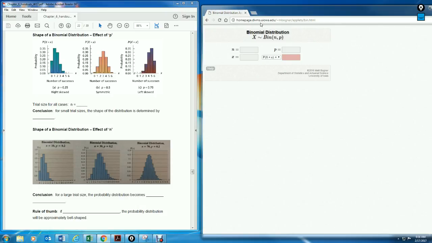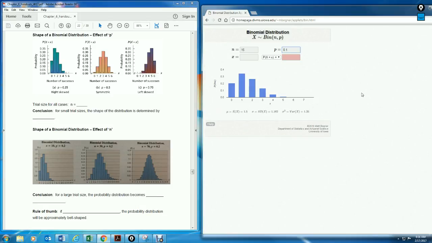It's at University of Iowa. If I put in my trial size, 15, my probability of success, 0.1, and hit enter, it will make a very nice plot of the binomial distribution for us. And as we already knew, you can see it is very right skewed.